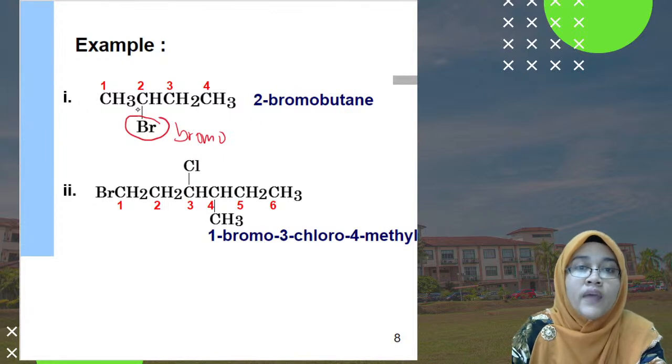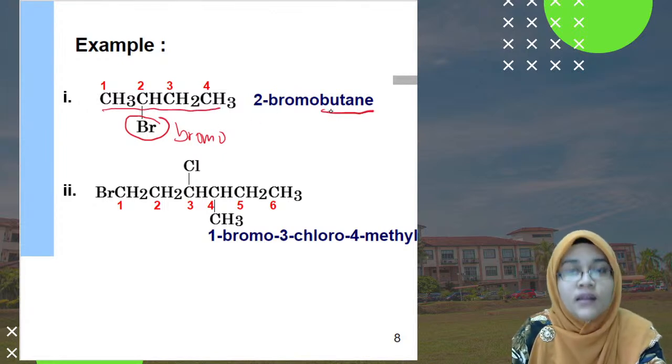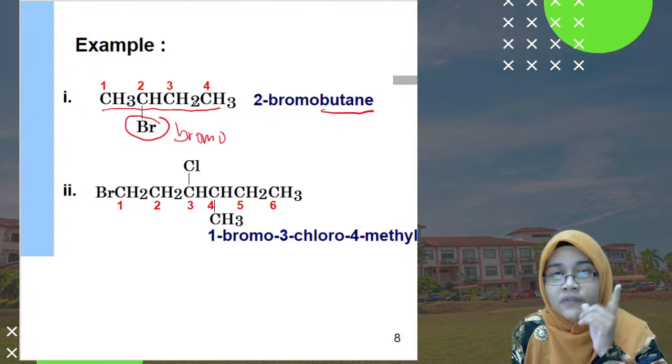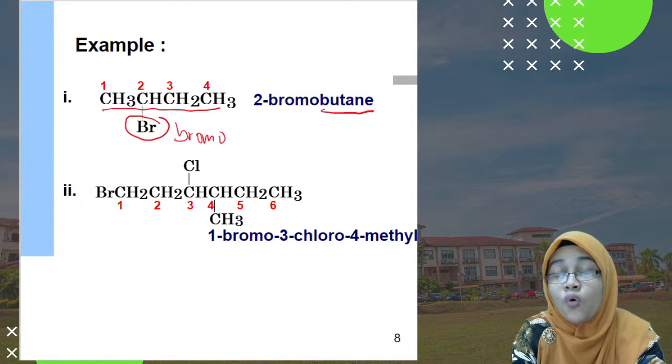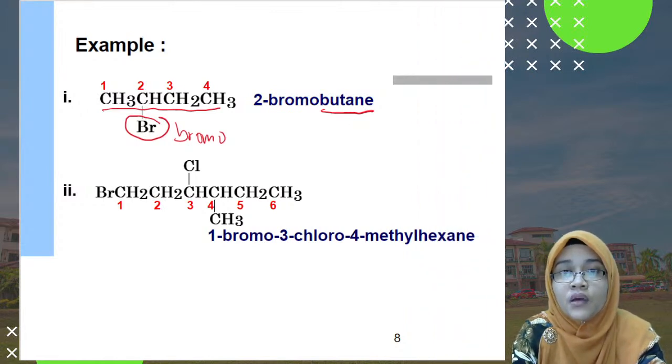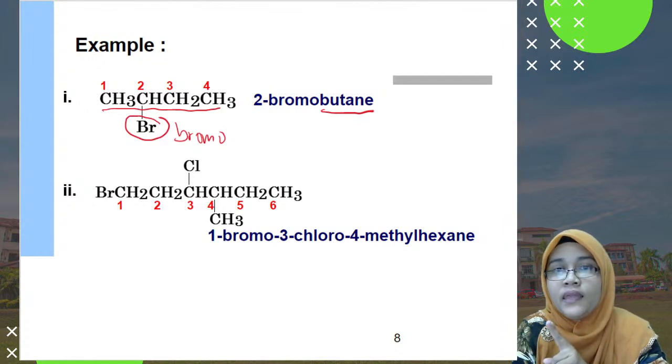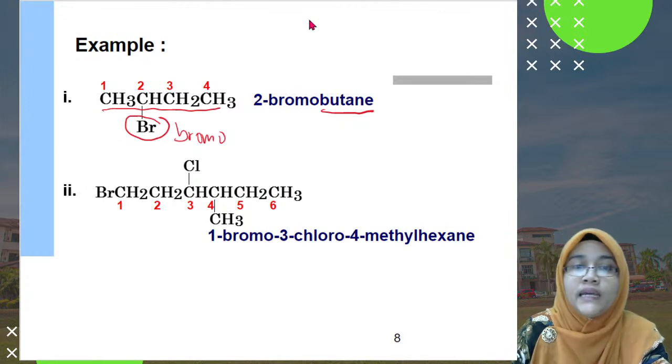We have 4 carbons as parent, which is butane. Now we have to number where the bromo is located in the parent chain. So we have 2 ways: either we number from left to right or right to left.